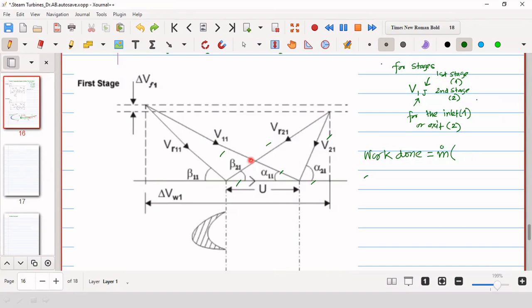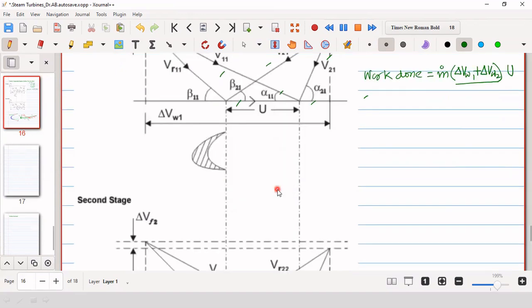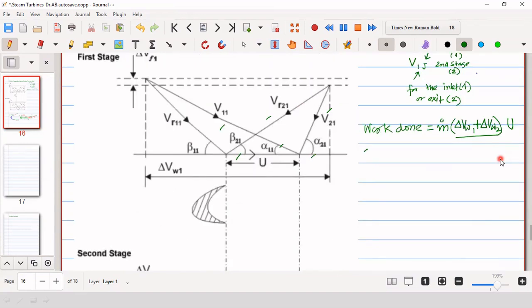So it will be m dot into delta VW1 multiplied by U. And for the stage 2, it will be m dot into delta VW2 into U. Therefore, it is the sum of these two multiplied by U because they are rotating in the same direction. Therefore, the total work done will be addition of these two or summation of these two. That is the total work done.